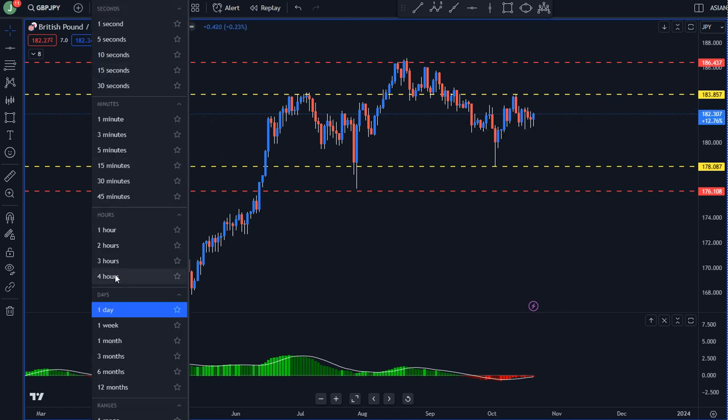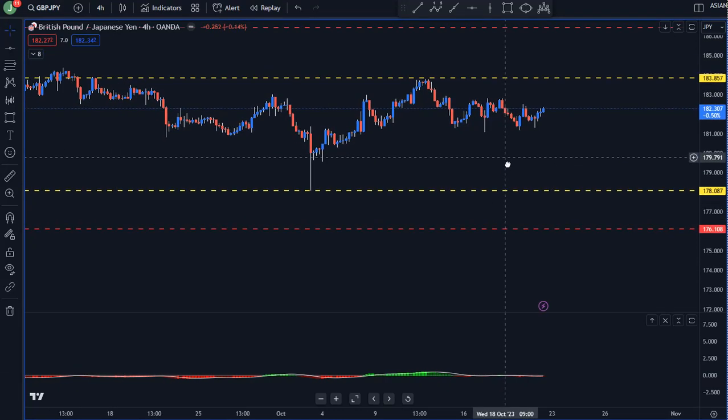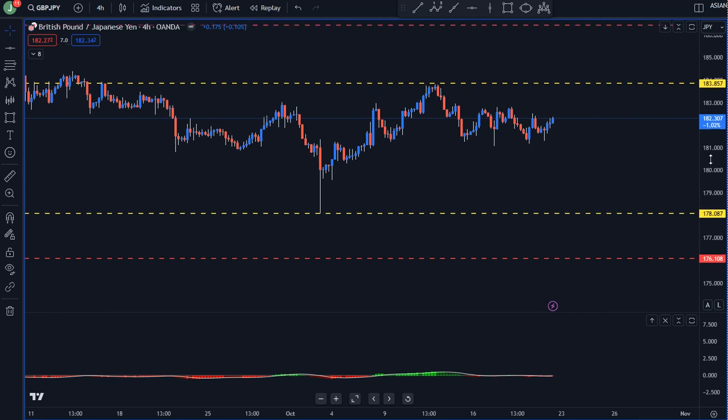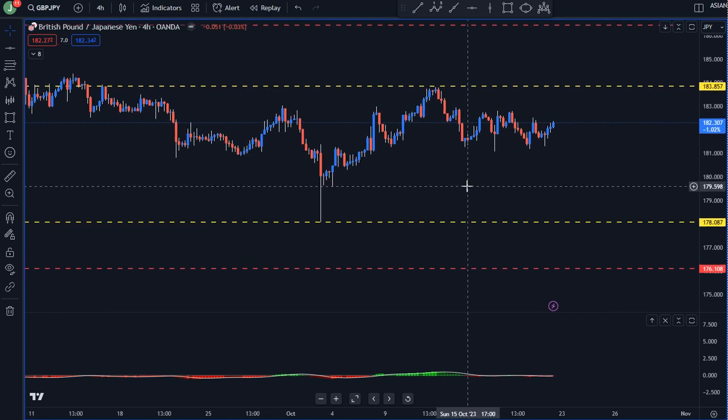Now on the 4 hour, this is where I identify my zones. The zones are areas of interest for me where price will potentially react, right? And I'm still using the question, where did price stop and turn around?